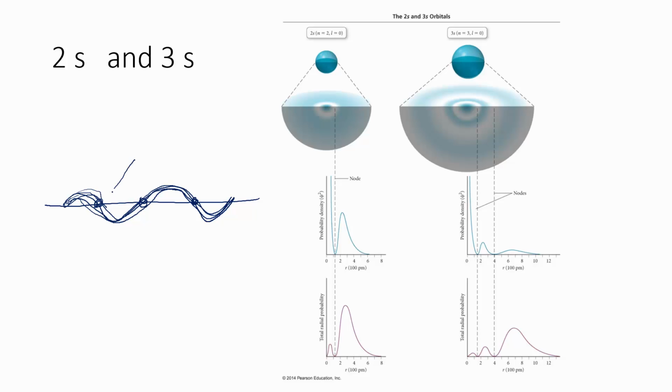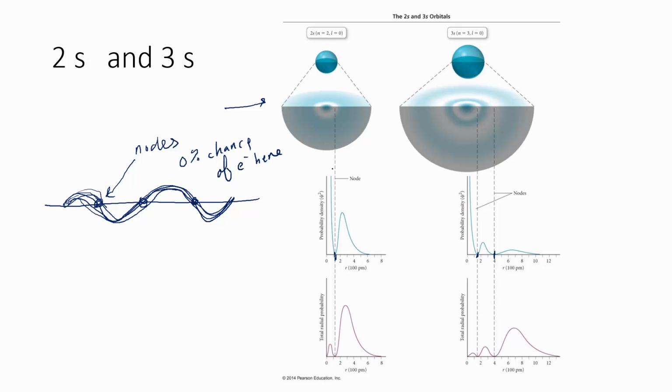We represent these as nodes in space, and nodes on a probability density function graph like this represent a 0% probability of the electron occupying that space. So this node right here for the 2s orbital and these two nodes for the 3s orbital correspond to zero likelihood of finding an electron at that distance.